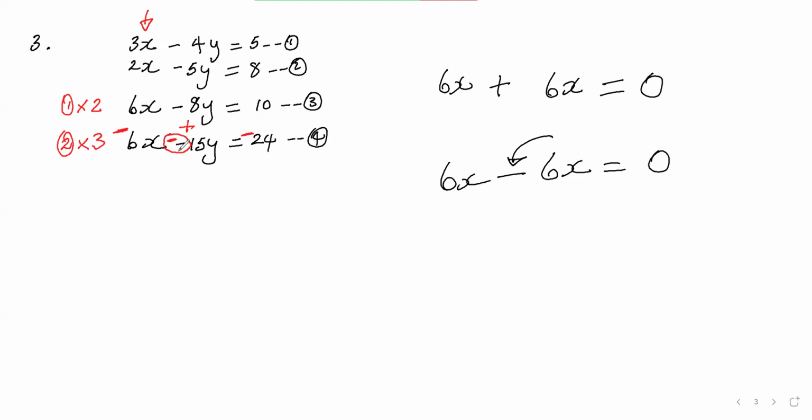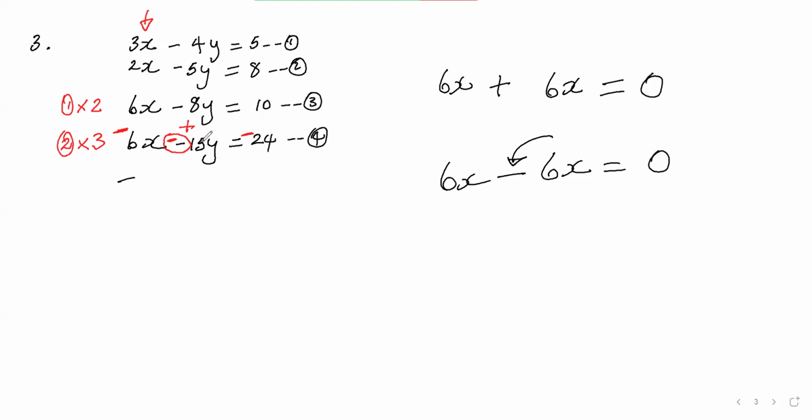But two minuses here give an overall plus. So 6x minus 6x is? 0, sir. 0, right? So we aren't bothering with that.